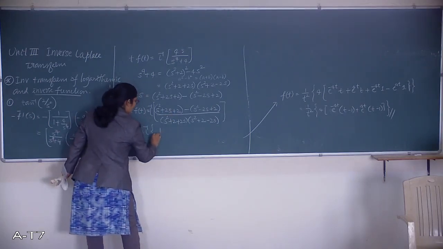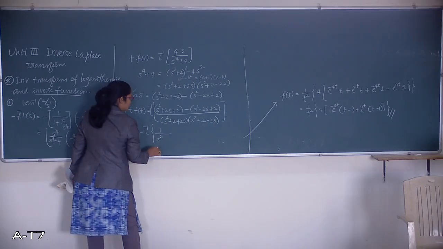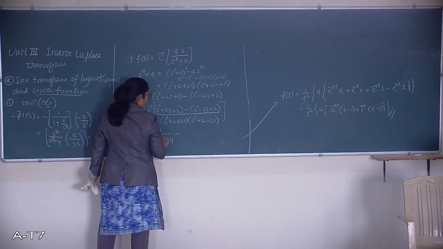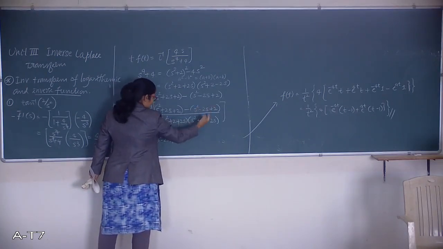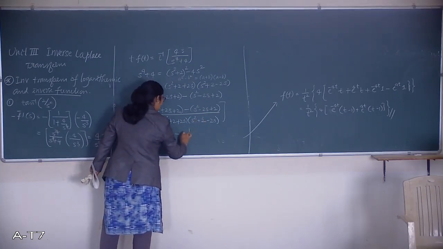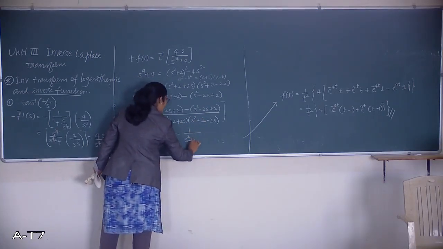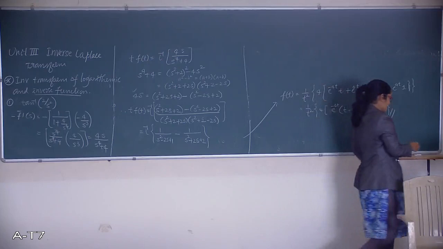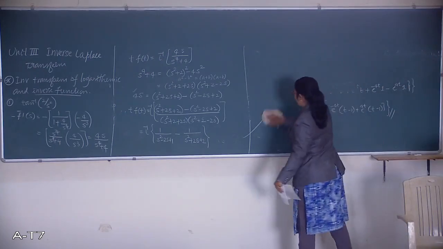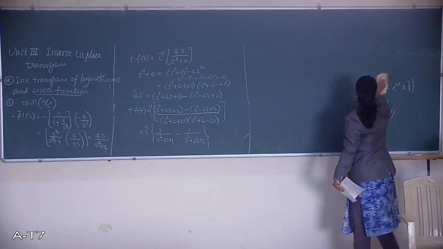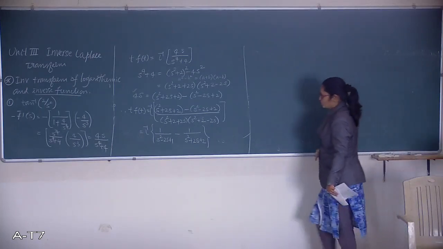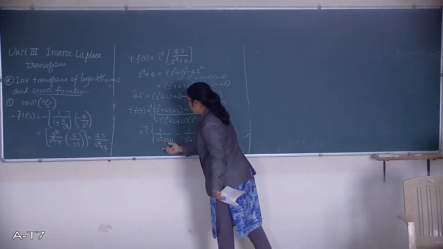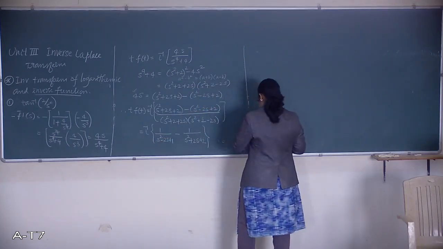What remains? Hope you remember the previous class we have discussed about completion of square. Complete square we have to make here of these two denominators, and then f bar of s minus a, it will get reduced to e raised to minus as into inverse of that we are going to find here.